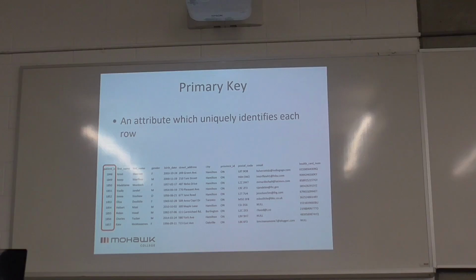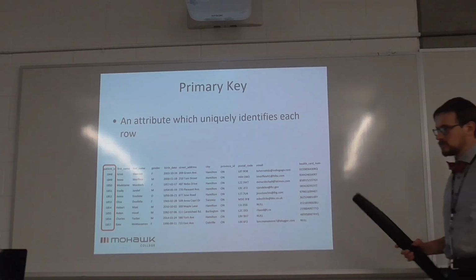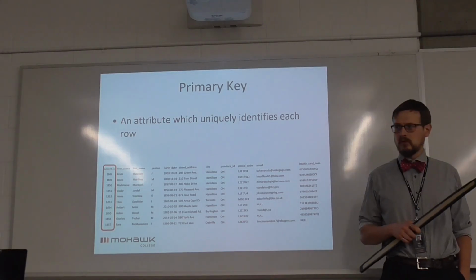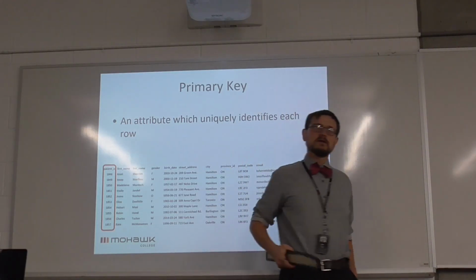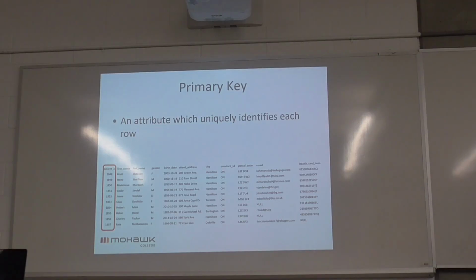Primary key. So the primary key is somewhat important, hence its primacy. When you have a table full of data, one thing that's extremely useful is to be able to pull out a particular element from it.